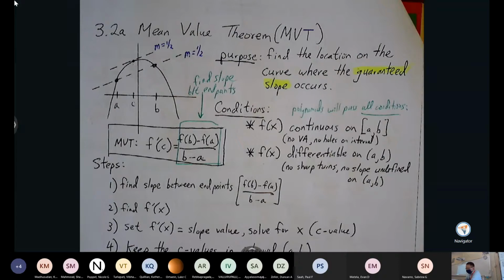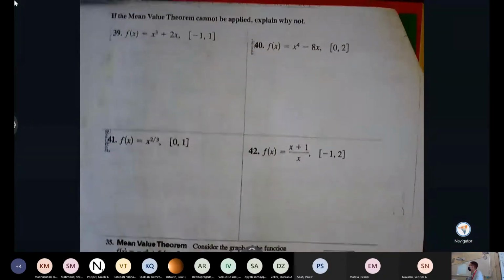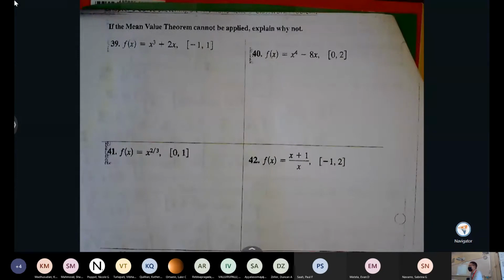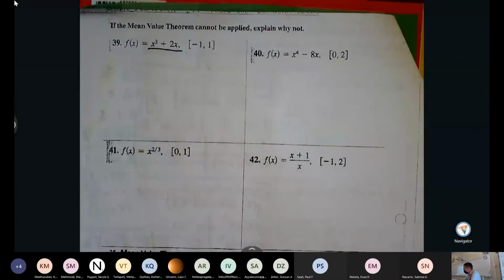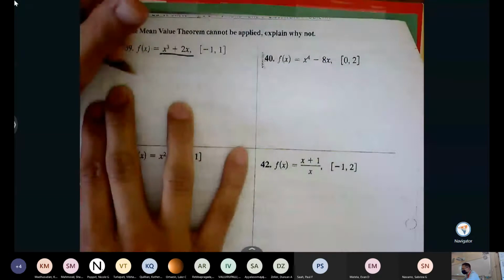All right, so let's look at 39. All right, mean value theorem. We know that we're dealing with a polynomial. No issues with continuity and differentiability, so we can just go ahead and make that statement.